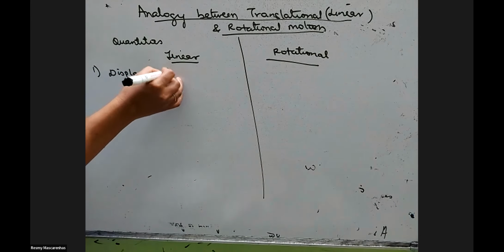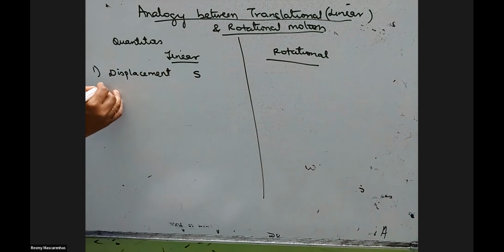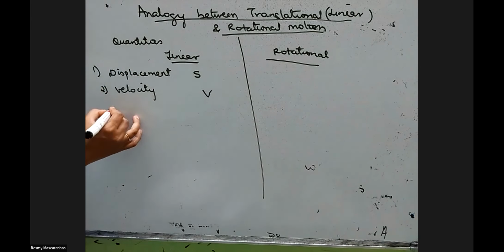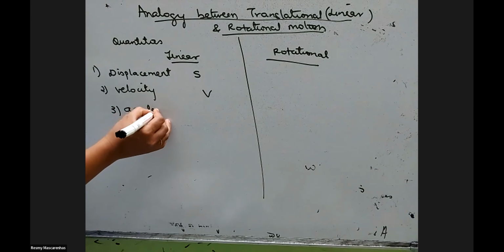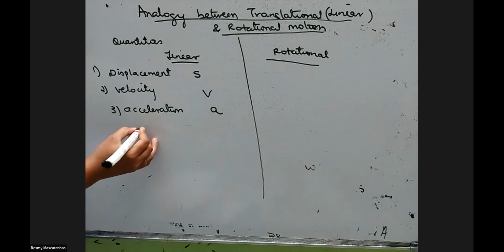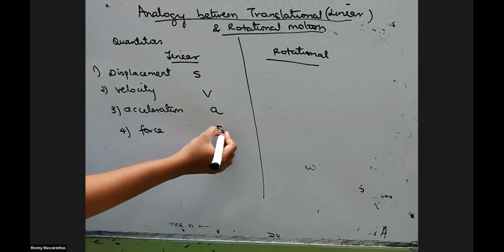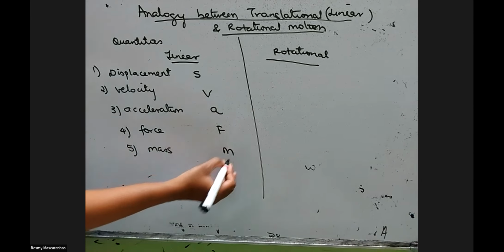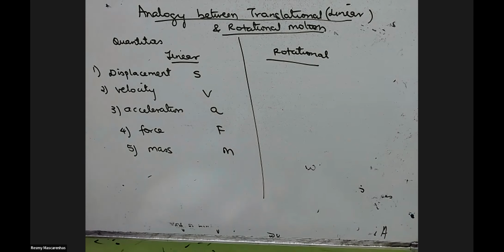Displacement is given by S, velocity is given by V, third, acceleration is given by A, force is given by F, mass is given as M. These are your basic quantities.